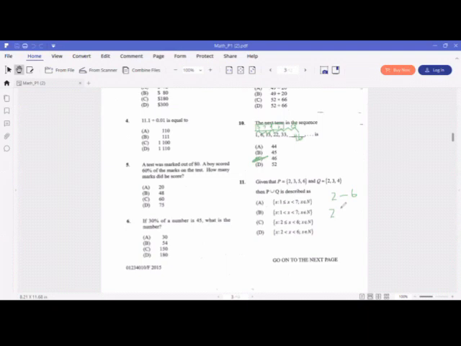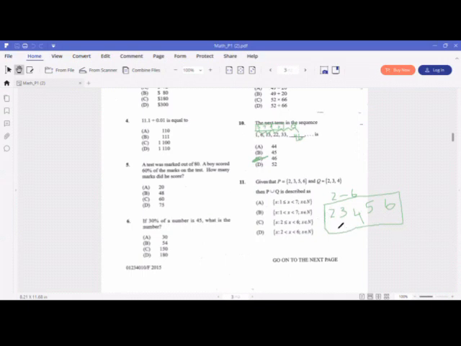So we have 2, 3, 4, 5, and 6. Now that is the union. Now we need an inequality that can satisfy the union.